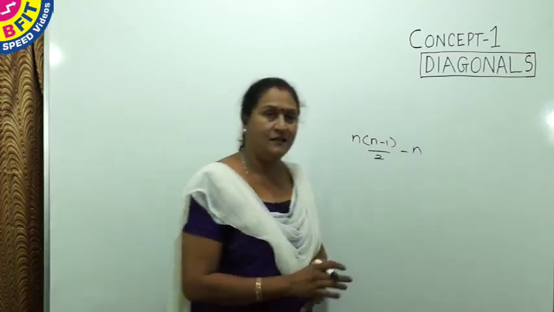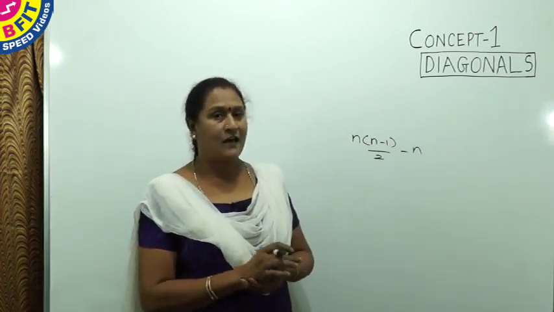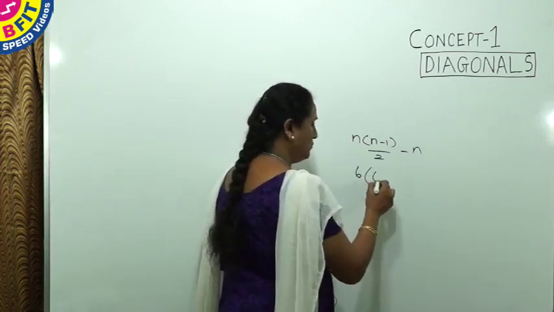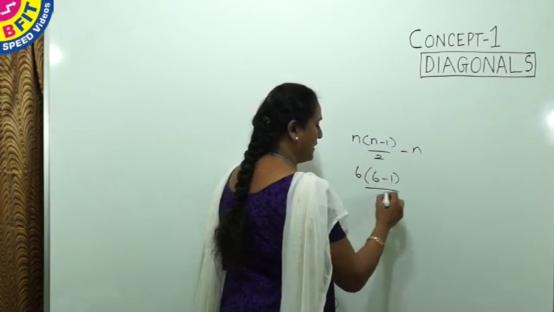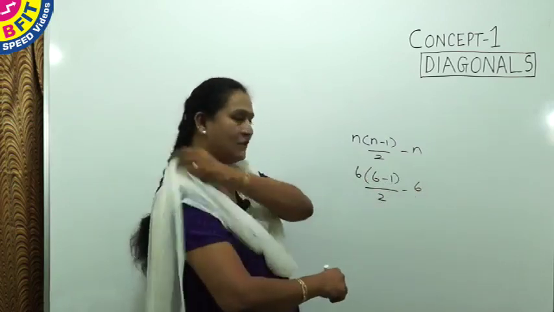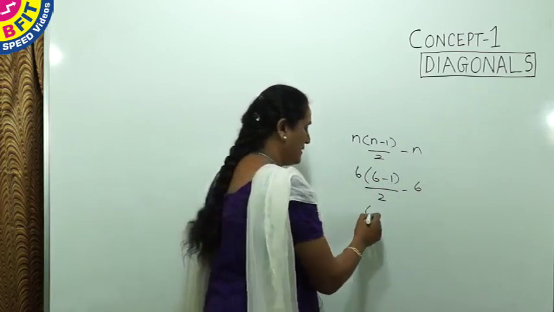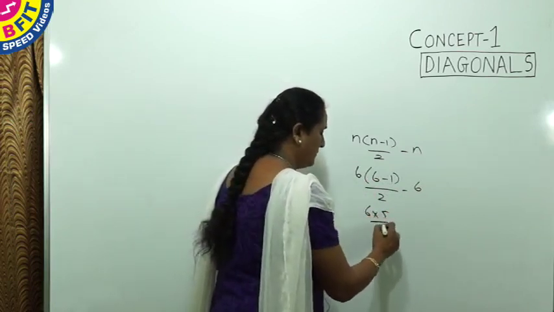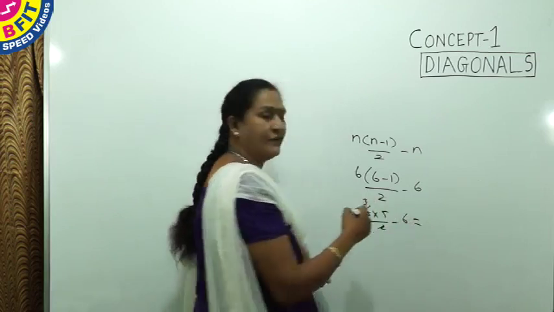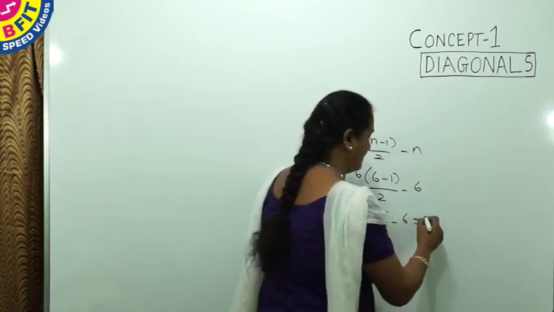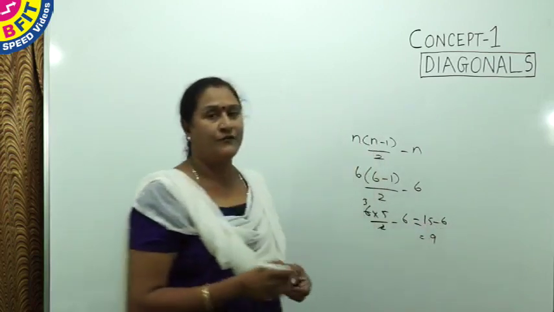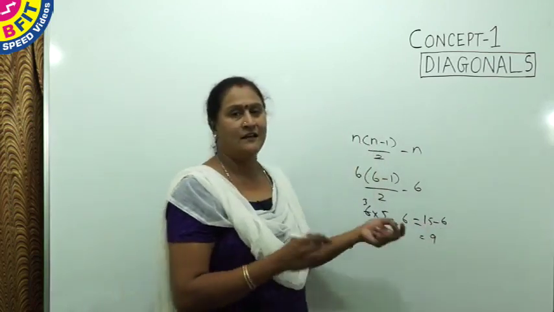A hexagon has 6 sides, so the n value is 6. So 6 into (6 minus 1) by 2 minus 6. That is 6 into 5 by 2 minus 6, so 15 minus 6, which is 9. So the number of diagonals for a hexagon is 9.